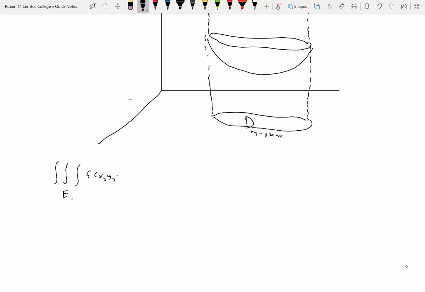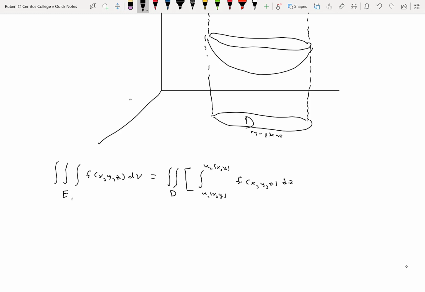So the triple integral of f of x, y, z dV converts to a double integral over the region D in the xy plane of the single integral from the bottom function u1 to the top function u2 of f of x, y, z, integrated with respect to z.